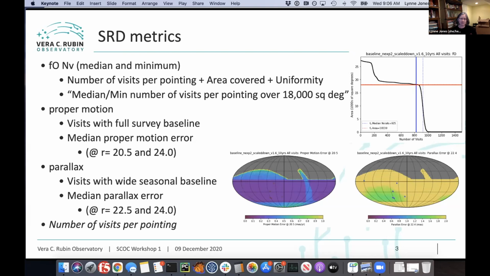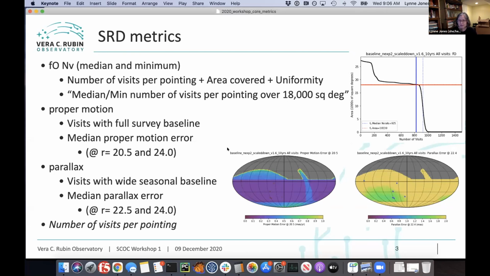Basically all of these SRD metrics are very dependent on the number of visits per pointing. If you have less than 18,000 square degrees, they will all start to crash out pretty quickly. But once you have 18,000 square degrees, it's just the number of visits per pointing within that 18,000 square degrees. That's how they scale.